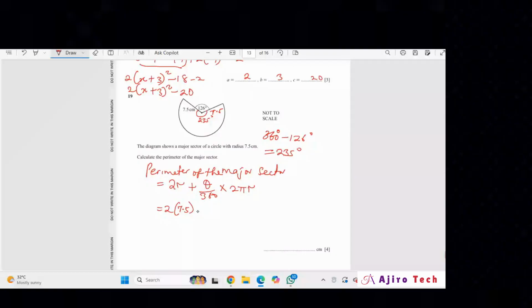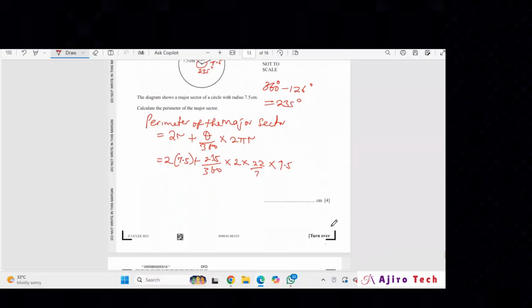So this plus theta, which is 235 over 360 times 2 times 22 over 7 times the radius, which is what? 7.5. So that is what you do. So from here, 2 times 7.5. You do that and put the answer, which is 15.